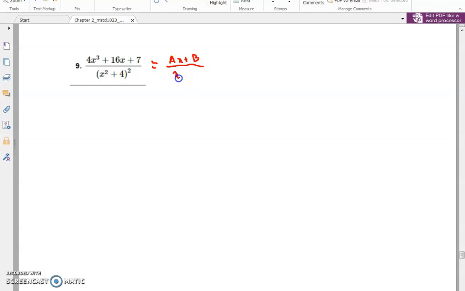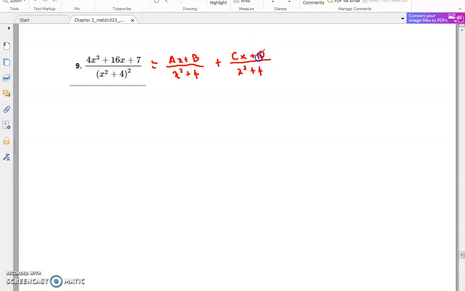And here we are going to write it as x squared plus 4, plus another ax plus b. Since the values of a and b are taken, you are going to use another constant, which is cx plus d, divided by x squared plus 4.